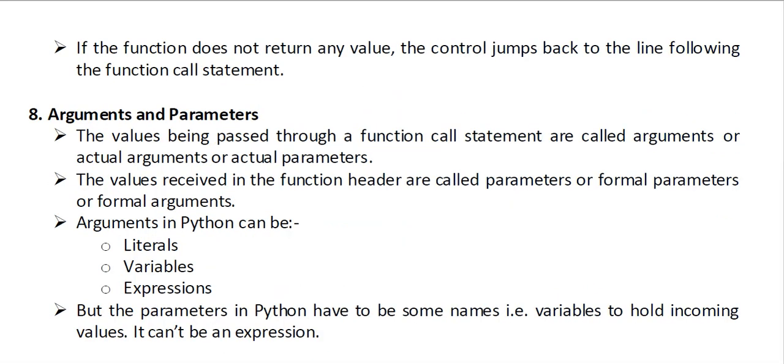If the function is not returning any value, the control will jump back to the line following the function statement. Suppose you are solving a maths query. You are at line number 5 when you are solving the query, and your mom calls you for dinner. You complete your dinner and you come back, and then you start from line number 6 where you left.